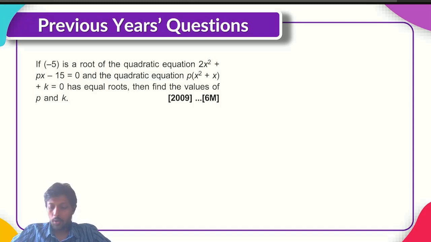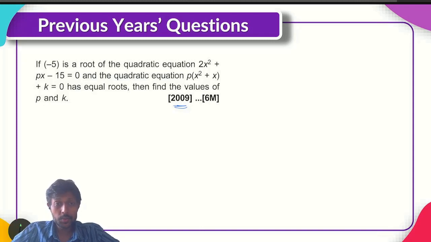Now, as you can see, although it appeared in 2009, it's a 6-mark question. So always expect questions that contain more marks from this section, from the nature of roots that we are studying. Take 5 minutes, try this out, and then come back to look at the solution.